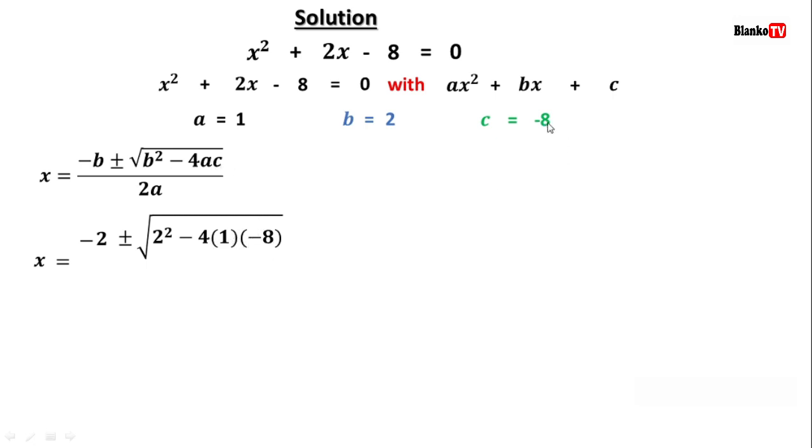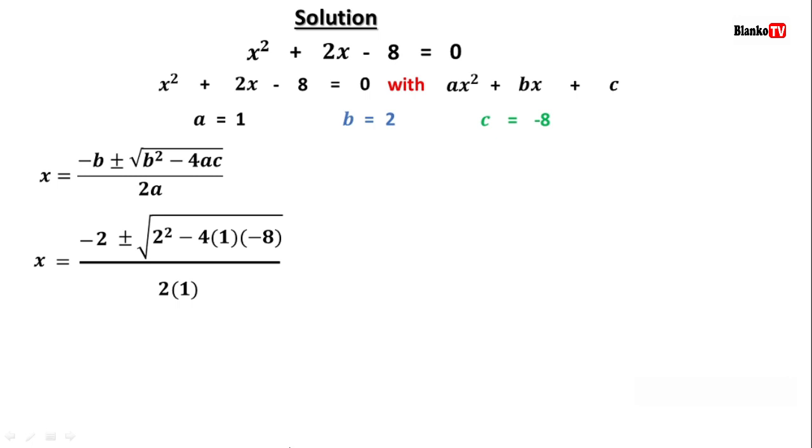C is negative 8. So we have negative 2 plus or minus the square root of 2 square minus 4 times 1 times negative 8 all over 2 times 1, 2a. A is 1, so 2 times 1. I hope you are following it.